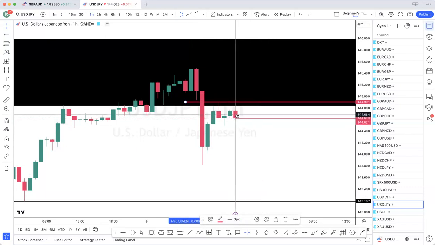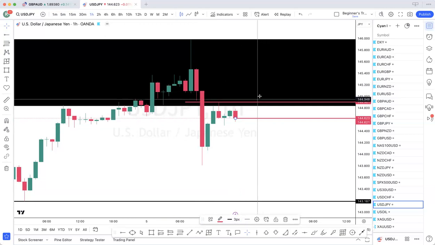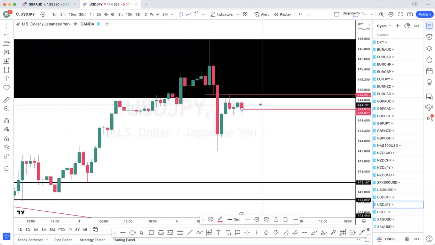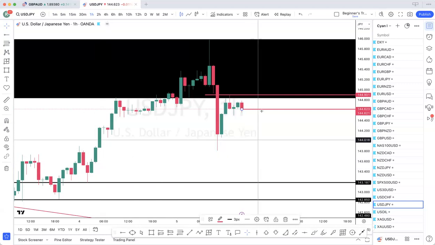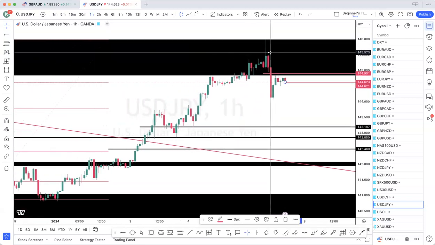Now, if this is the Sunday, and we just don't know what the Monday is going to be, and it's above, then we're looking at a pullback. There's no imbalance here unless it pulls back to this imbalance here and then starts buying up.